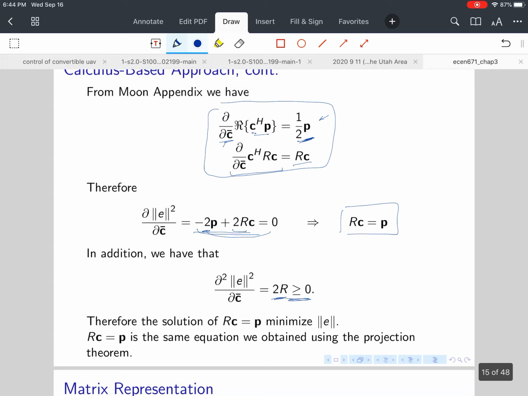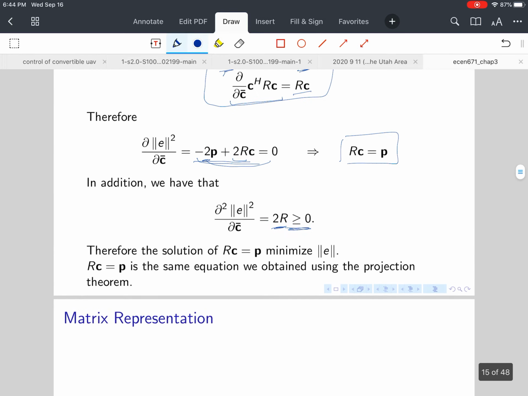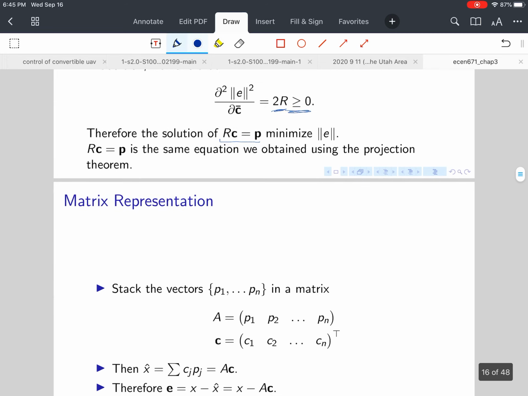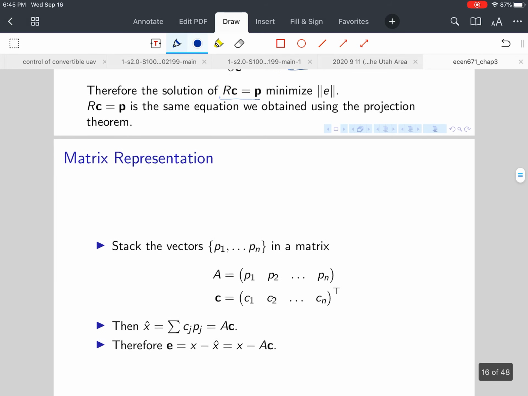In fact, if all of the basis vectors are linearly independent, then this is strictly positive. So calculus tells us that the solution of this matrix equation, Rc equals p, minimizes the norm of e. That's the exact same equation we got using the projection theorem. So we've shown essentially a proof of the orthogonality theorem using two different approaches.